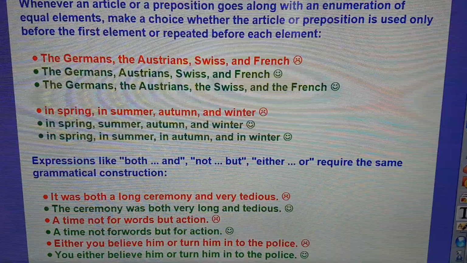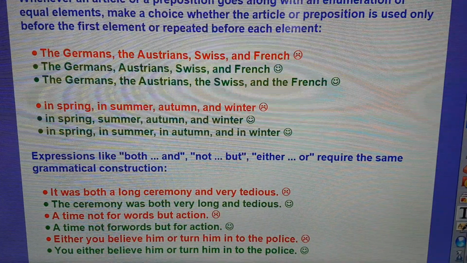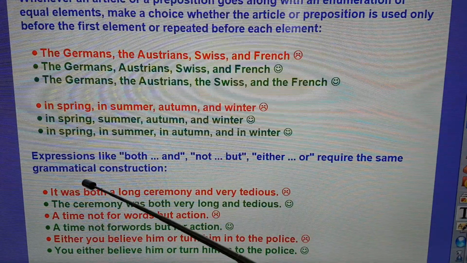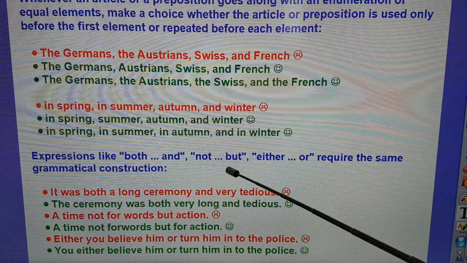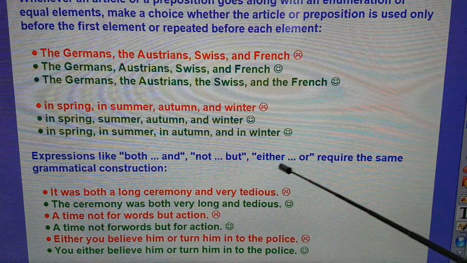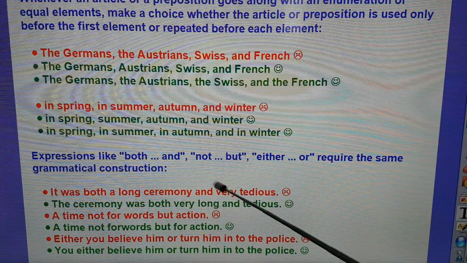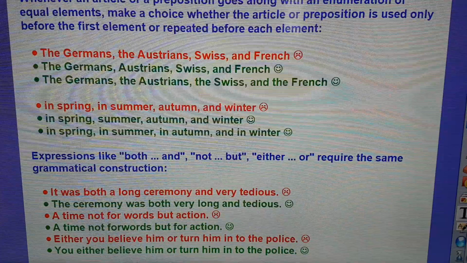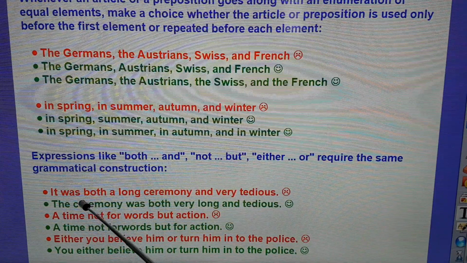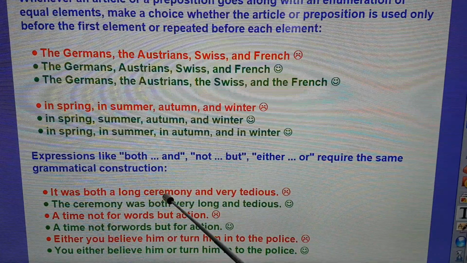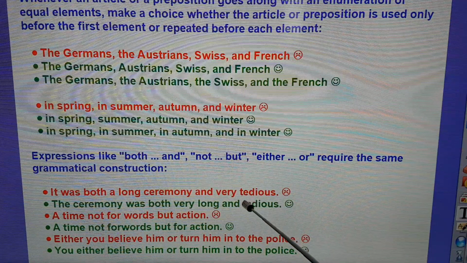Now, here we are approaching another point. Expressions like both and, not but, either or also require the same grammatical construction. Look at this sentence. It was both a long ceremony and very tedious.